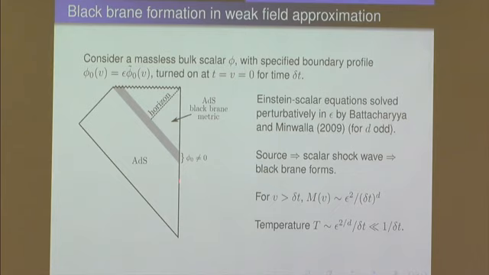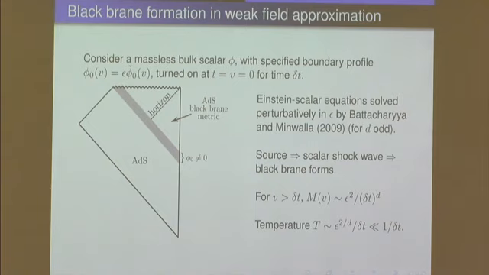They studied the Einstein-scalar equations with negative cosmological constant, giving some initial profile with a small amplitude epsilon for the bulk scalar field as a boundary condition, with pure AdS as the initial condition. They then solved the field equations perturbatively in the amplitude epsilon.